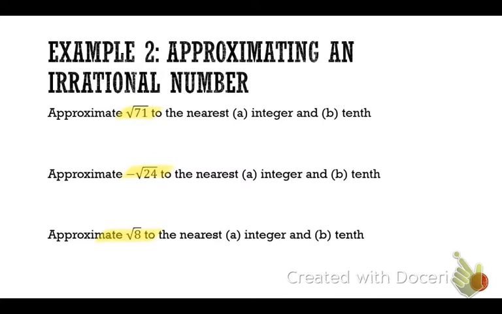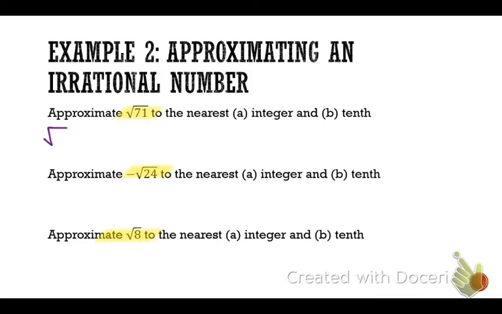Would you agree that all three of these numbers are not perfect squares? 74, 24, and 8. They're not in your list. They are not perfect squares. So what perfect square is it closest to? This is the work I want you to show in your homework.